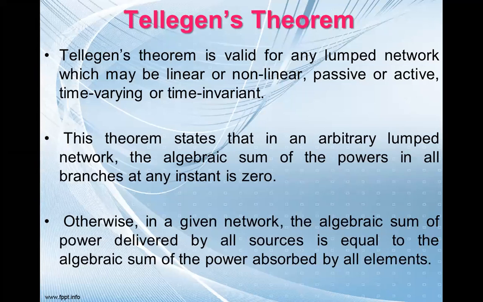Now let us come to the passive network and the active network. Active network, we know, is the network which has some active elements. In an electrical network, if we recall, there is the element which is consuming the electrical power. Those elements are called the active elements. Normally we are familiar with the active element, that is the resistance. Resistance is the element which is consuming the electrical power.